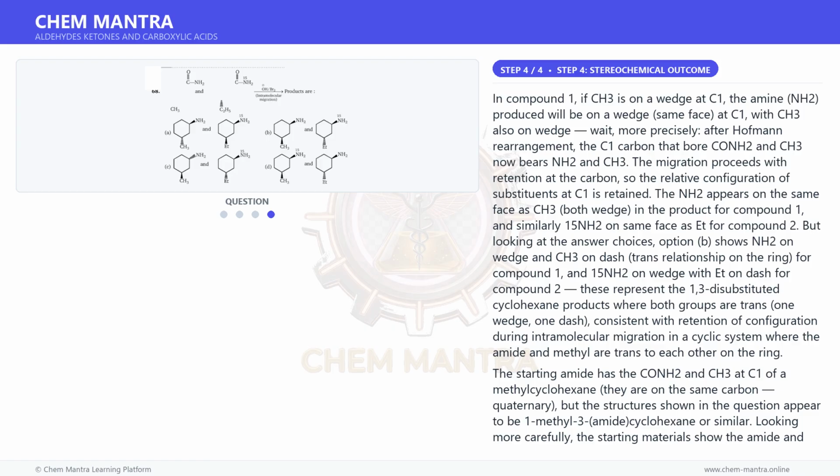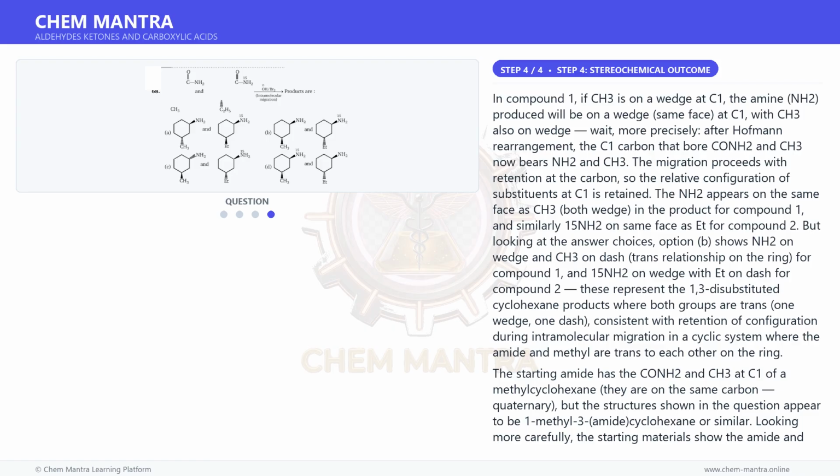The migration proceeds with retention at the carbon, so the relative configuration of substituents at C1 is retained. The NH2 appears on the same phase as CH3, both wedge, in the product for compound 1 and similarly 15NH2 on same phase as ethyl for compound 2.